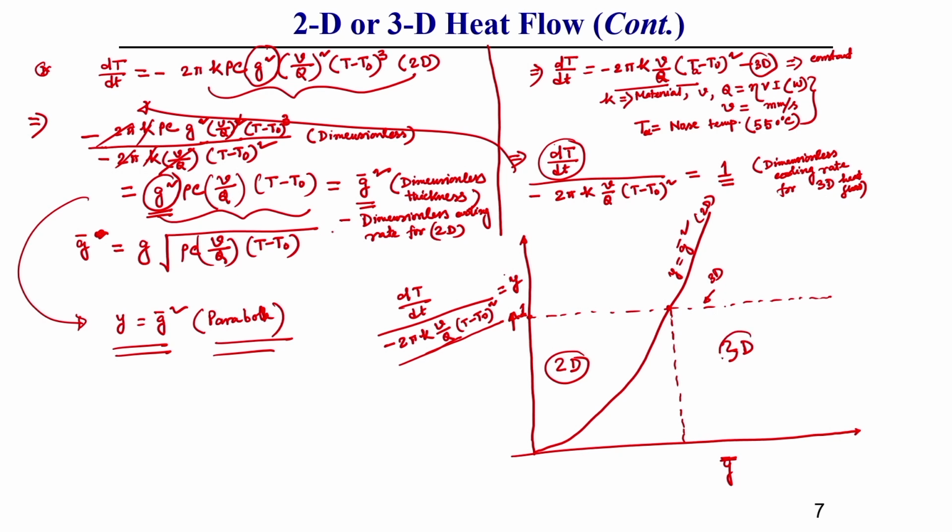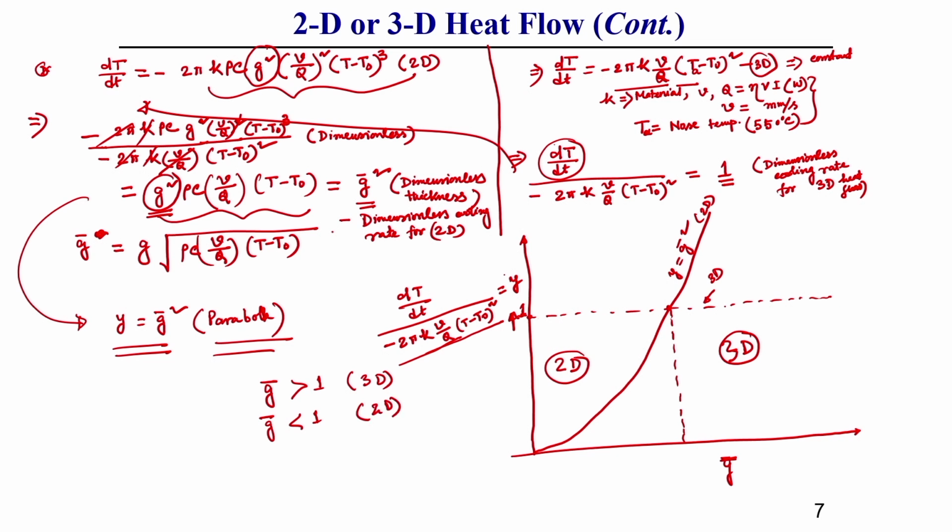So, for a particular welding operation, if your G bar value is greater than 1, then you can consider that zone as 3-dimensional heat flow, and if this G bar value is less than 1, you can consider 2-dimensional heat flow.